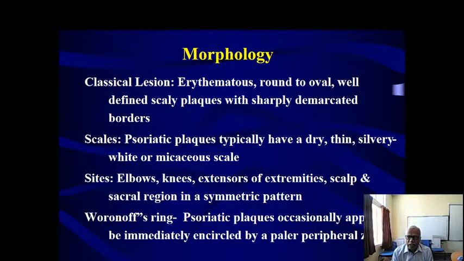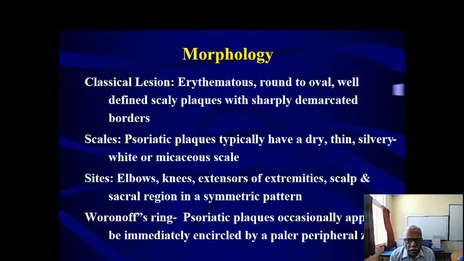To begin with, erythematous naturally because there is hyperemia to the skin surface under the influence of interleukins, chemokines. So vascularity is increased, especially in the superficial dermal plexus. So this produces erythema. So there is reddening of the skin, and this may be shaped round to oval.